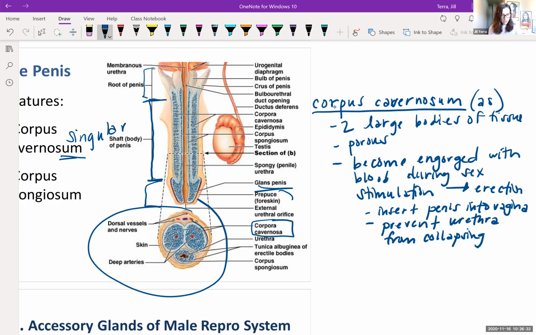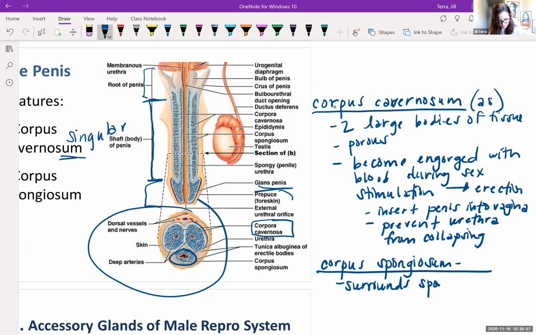All right. So then underneath that, and a much smaller body of tissue, is the corpus spongiosum. Okay, which surrounds specifically the spongy urethra.